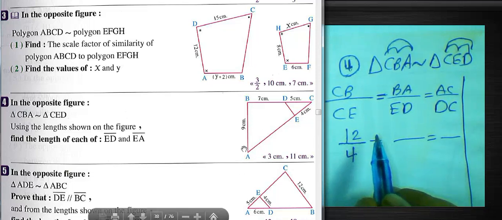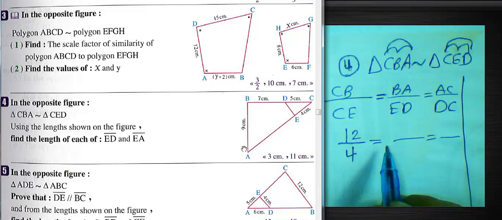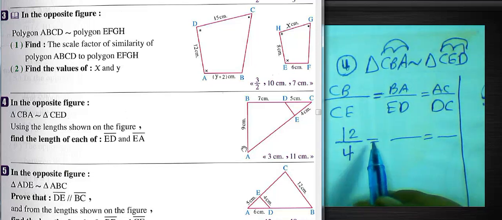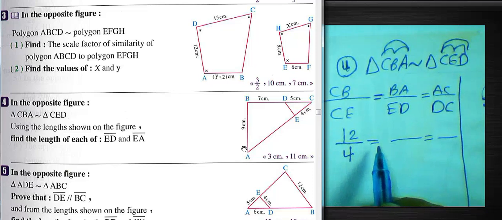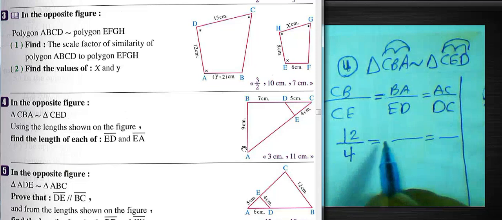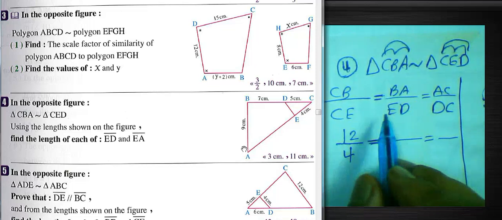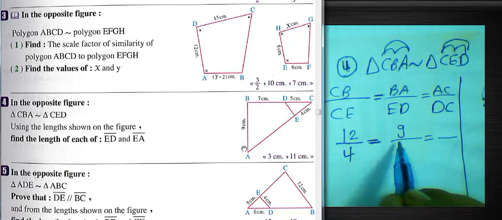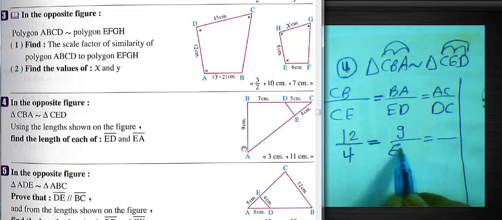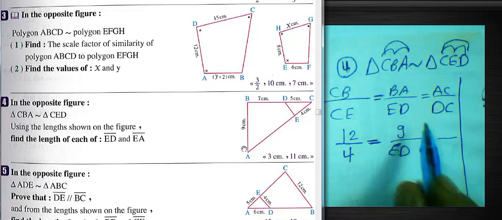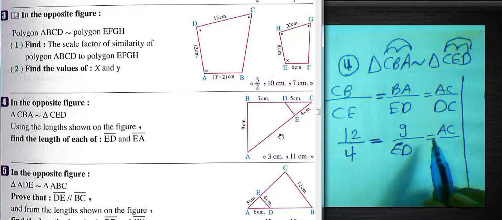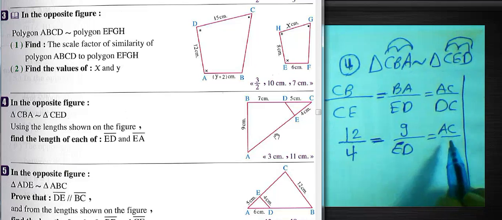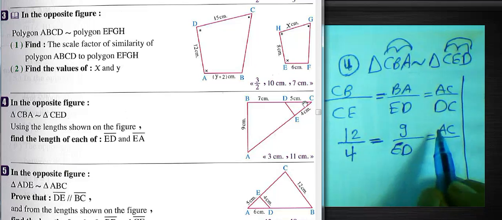You must try it after or write with me to solve the examples. Pay attention with me, okay? Again, BA equals 9, ED we don't know, AC, the length of AC we don't know, the length of AE, okay, we will write AC here, and DC, the length of DC equals 5.